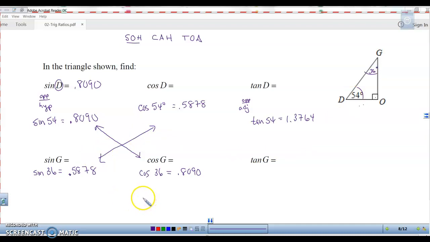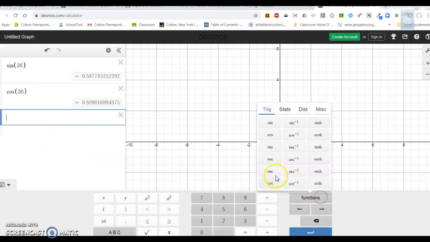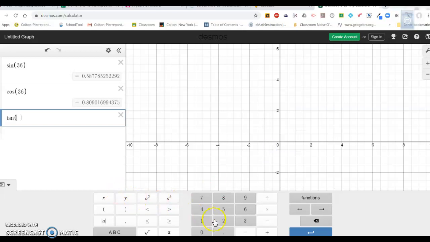Those two angles are complementary. Now that doesn't work for tangent, unfortunately. The tangent of G would be tangent of 36. Let me grab Desmos again. Tan, hit your function key over here, tan 36. And you get 0.7625.